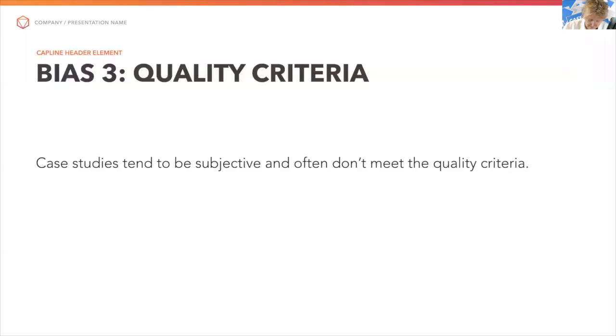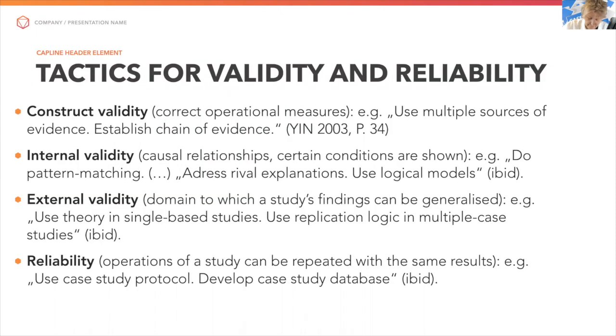Thirdly, the quality criteria. Yin explains the following tactics: construct validity, for example, by the use of multiple sources of evidence, establishing a chain of evidence; internal validity, by doing pattern matching, addressing rival explanations, using logical models; external validity, by the use of theory in single-case studies, using replication in multiple case studies; and reliability, by the use of case study protocols, developing a case study database, and so on.